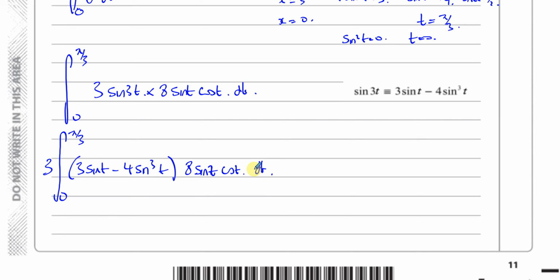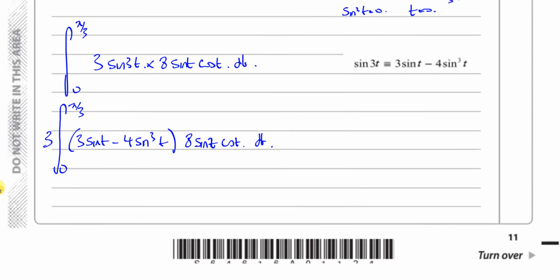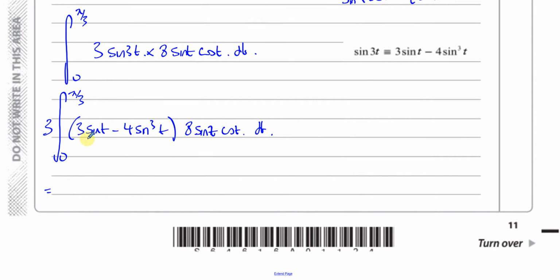Now, if I multiply these out, it will help me actually. Yes, so now I can see what to do. I will multiply that 3 by the 8, which gives me 24. 3 8s are 24. I'll have 0 and pi over 3. If I expand this bracket, I've already taken the 8 out, remember, I'm going to have 3 sine squared t times cosine t.